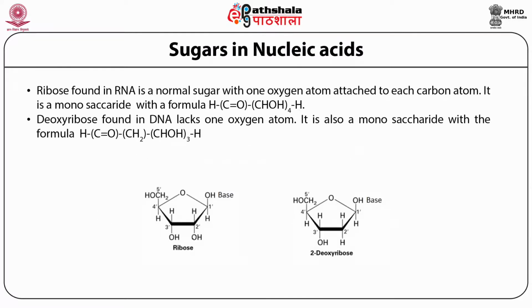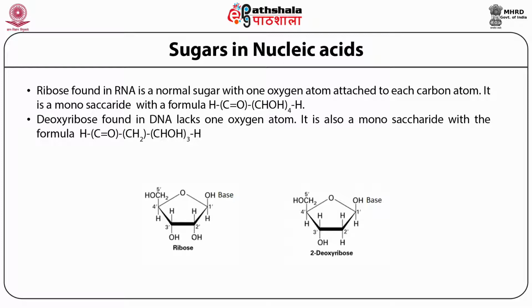The ribose, shown in the left-hand side, found in RNA, is a normal sugar with one oxygen atom attached to each carbon atom. It is a monosaccharide with the formula HC=O(CHOH)4H, whereas deoxyribose found in DNA lacks one oxygen atom.